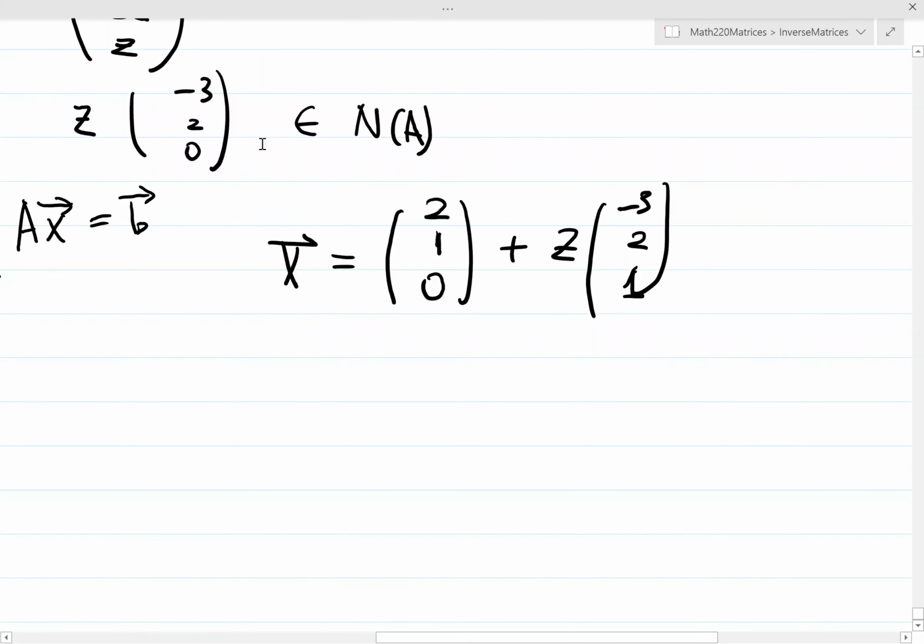Okay, now we talk about a special case. The solution is related to the dimension of the null space, and the dimension of the null space is related to the rank of the column space, relative to the number of columns.